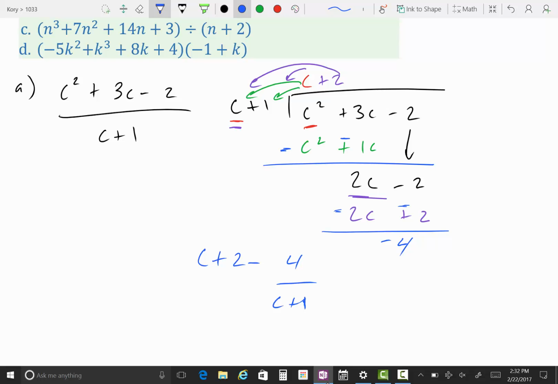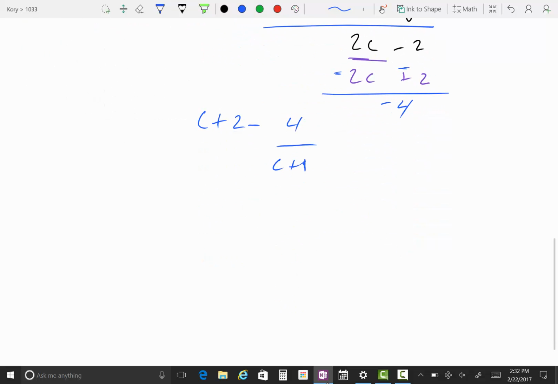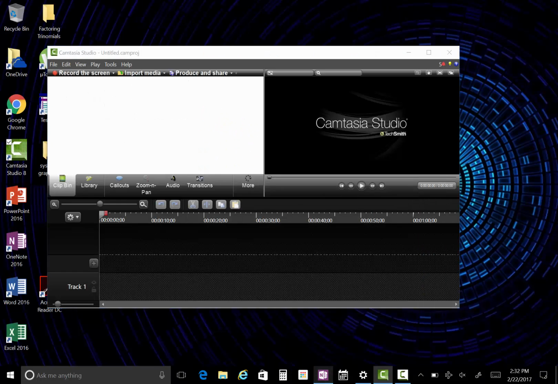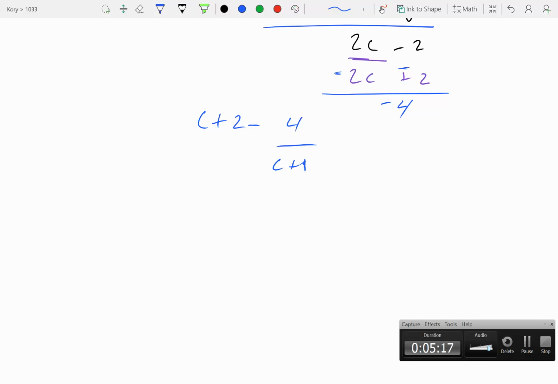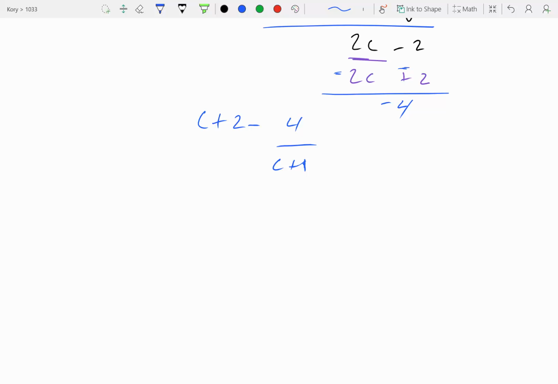All right, part B. We have y squared minus 5y plus 6 divided by y minus 2.